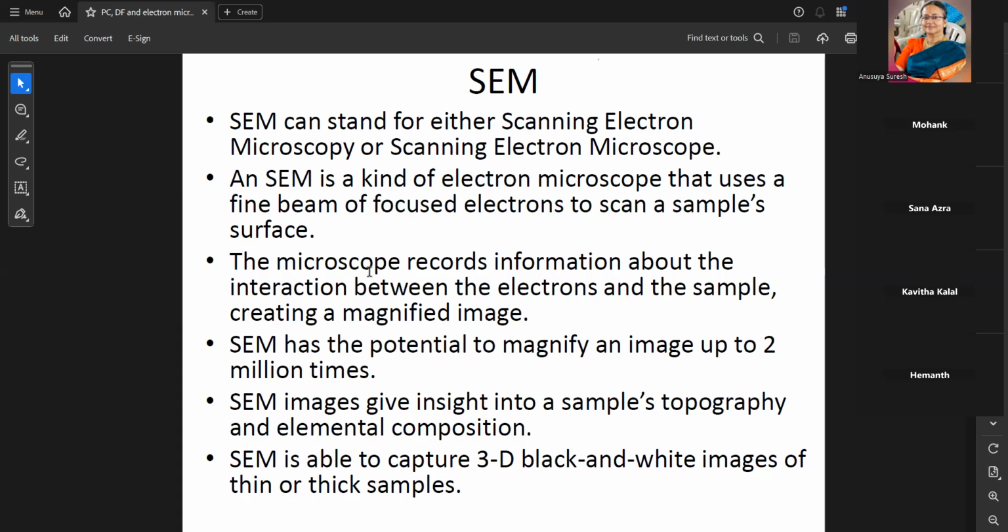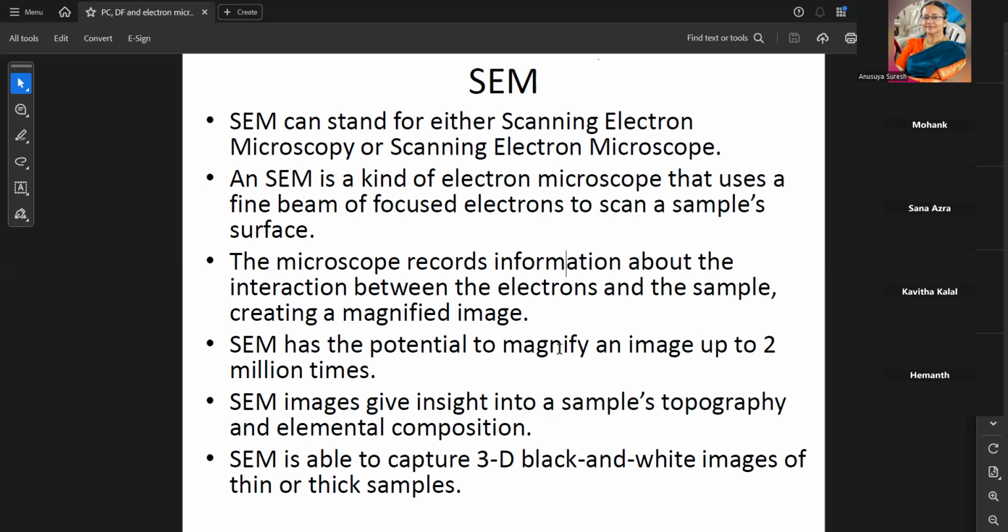In this method, the microscope records information about the interaction taking place between the electrons and the sample, and that gives us a magnified image. The magnification is up to 2 million times.